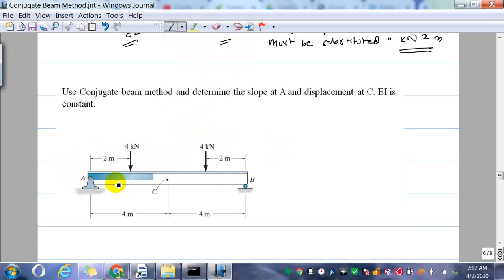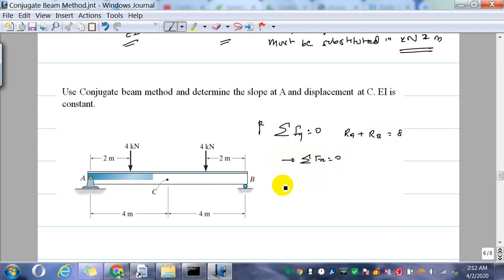Basically, since this load is symmetrical, without doing much, I can sum all the forces vertically, sum of Fy is equal to 0 upward, then I'll obtain RA plus RB is equal to 8. Then horizontally, sum of Fx is equal to 0.